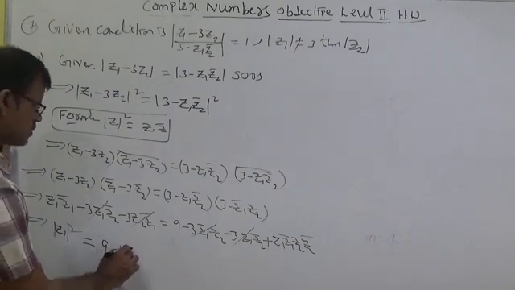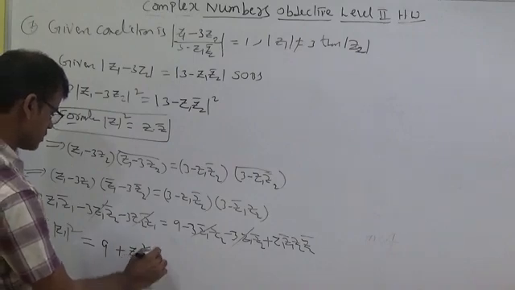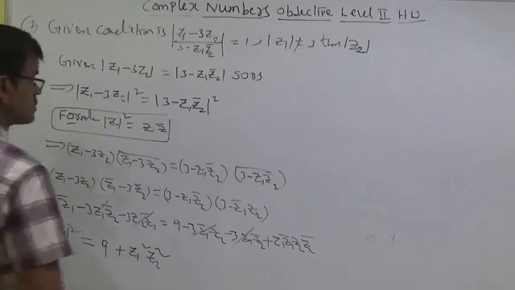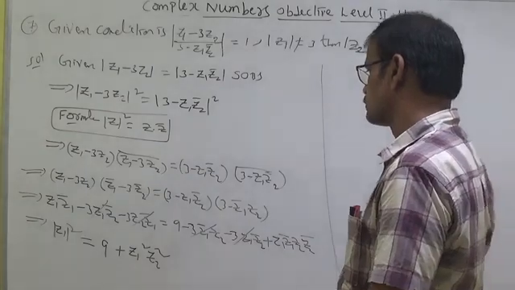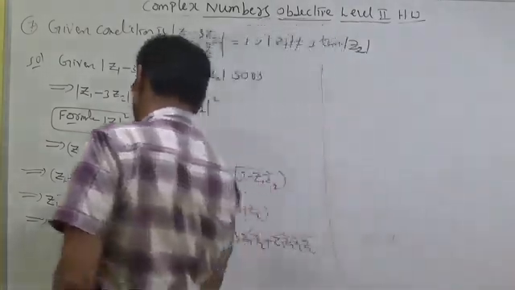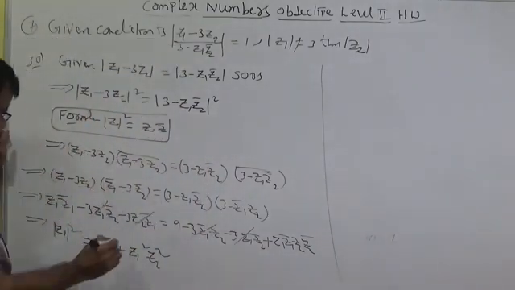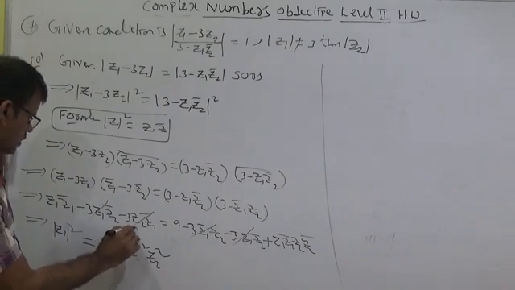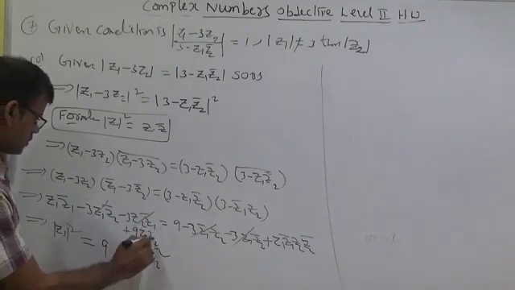We have 9 plus modulus of Z1 square into modulus of Z2 square. This is Z1 bar minus 3Z2 bar multiplied. Here one term will be missed, plus 9, which I forgot to write: 9 into Z2 Z2 bar.